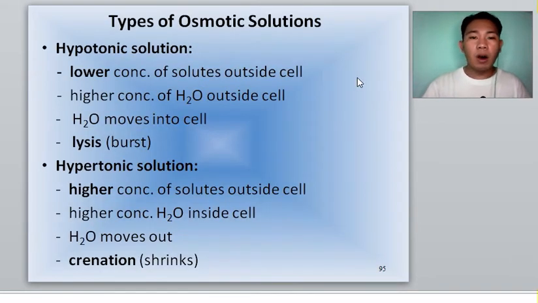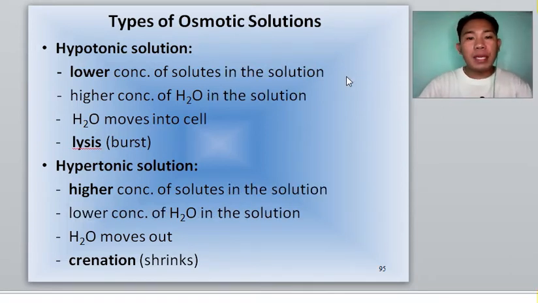Now let's move on with the types of osmotic solutions. We have three types of osmotic solutions, namely hypotonic solution, hypertonic solution, and isotonic solution. A hypotonic solution is a solution with lower concentration of solute and higher concentration of water.